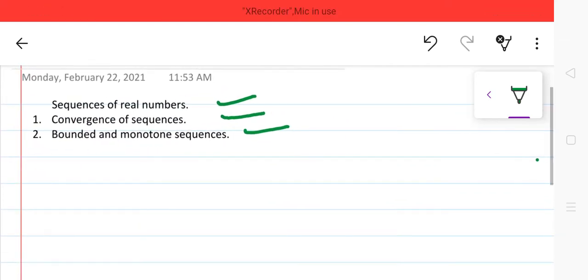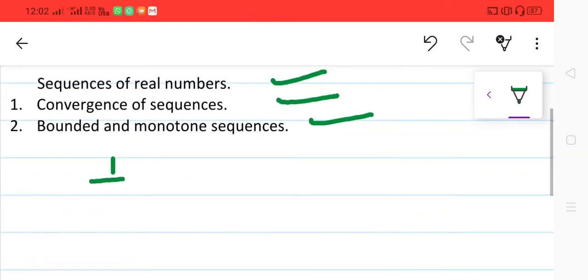So let's start. What do we mean by sequences and why are they useful? Sequences are useful to approximate quantities. Suppose I have 1 by 3. What does it mean?